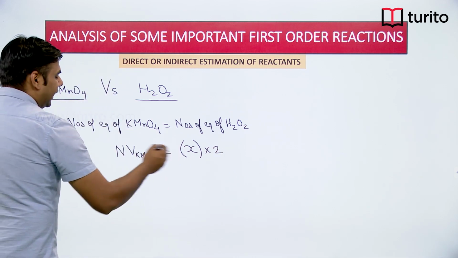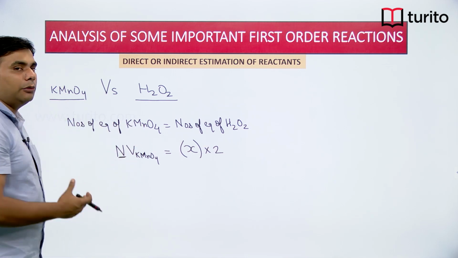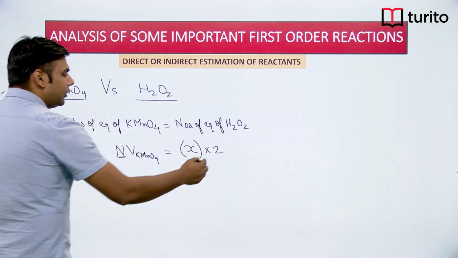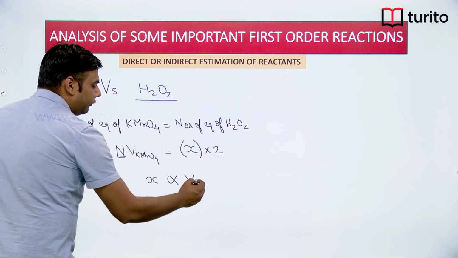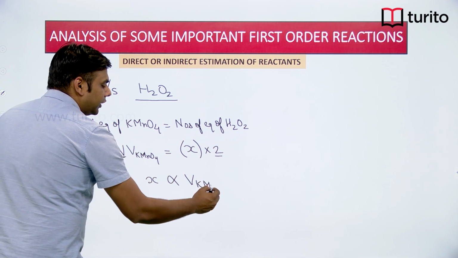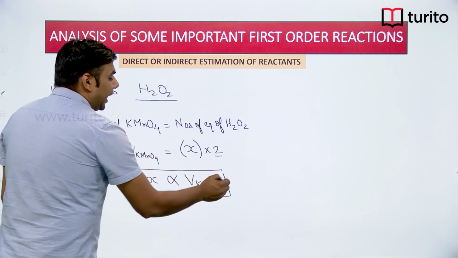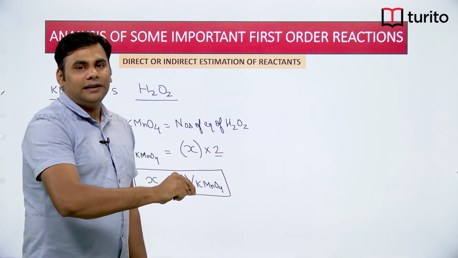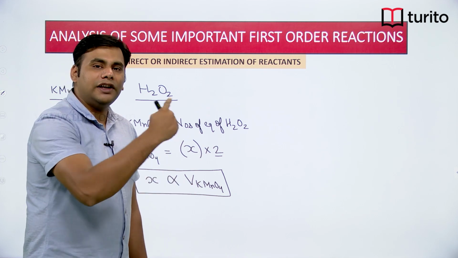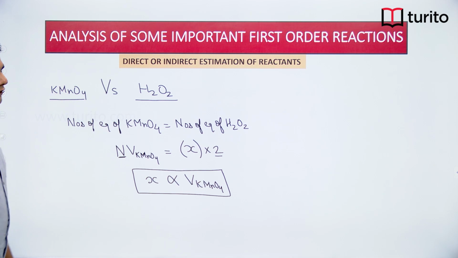Because we are titrating with a known solution of KMnO4, its normality would be constant. So we will say that X is proportional to the volume of KMnO4 used. The amount of H2O2 present in the given solution will always be proportional to the volume of KMnO4 that it consumes. I hope this is clear to you.